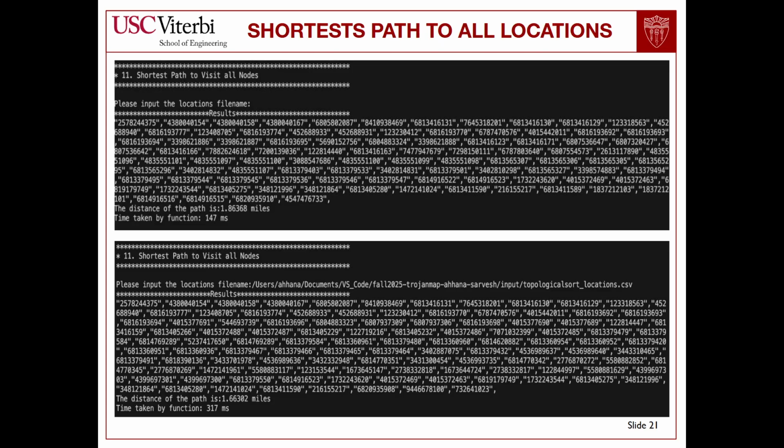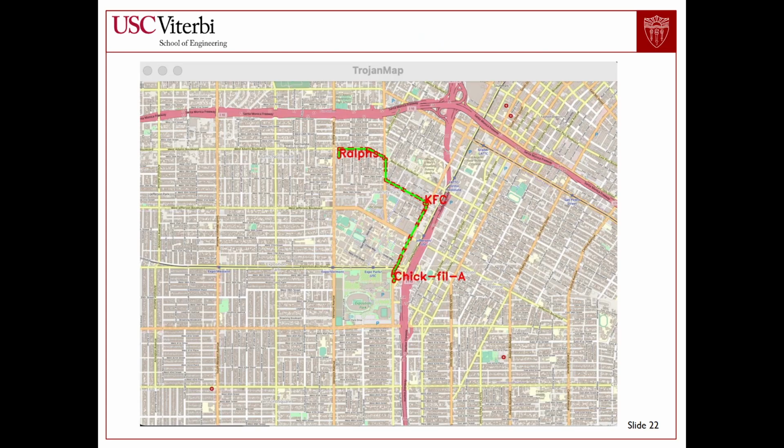In the second example, we have provided a CSV file with Ralphs, Target, and Chipotle. That distance comes up to 1.6 miles, and it has returned all the nodes traversed by the algorithm. And we are showing the map output of the first example, Ralphs, KFC to Chipotle, and you can see it has taken the shortest path.